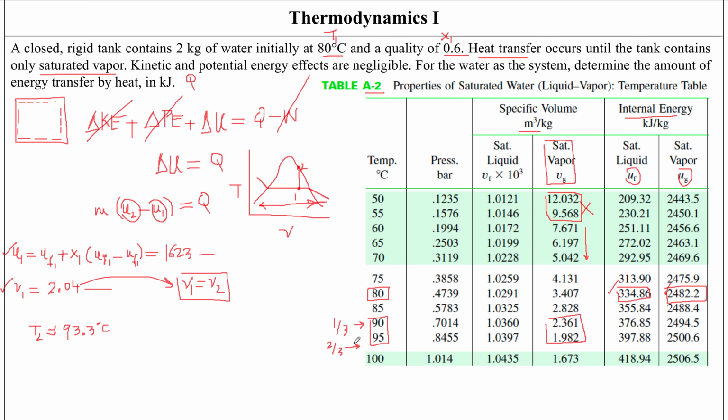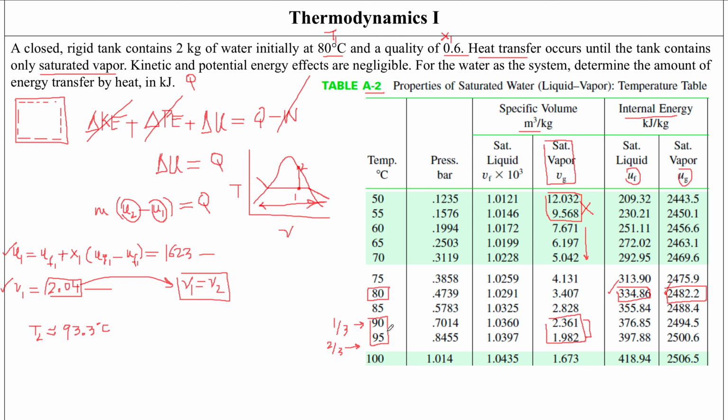Okay, do you get this? That if, let's say, this value was right in the middle of these two values, then that means it's a 50-50 ratio, right? So your temperature would have been 92.5.